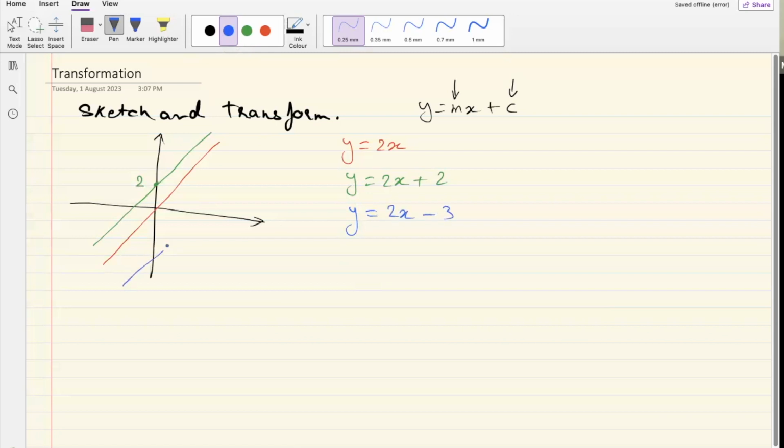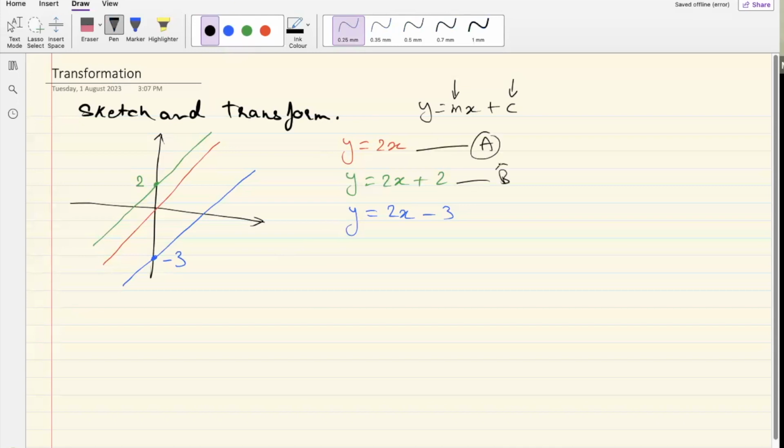So it will still be parallel to the previous lines, but now it intersects at minus 3. Any disagreement? Our actual question and syllabus is on curves. So first we are discussing linear. So we don't have to go in detailed calculations.